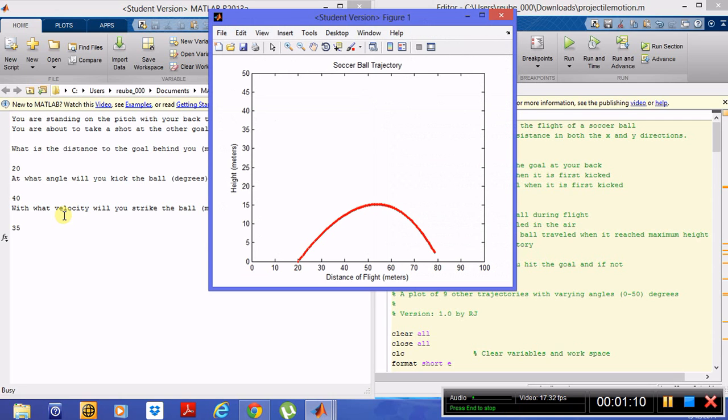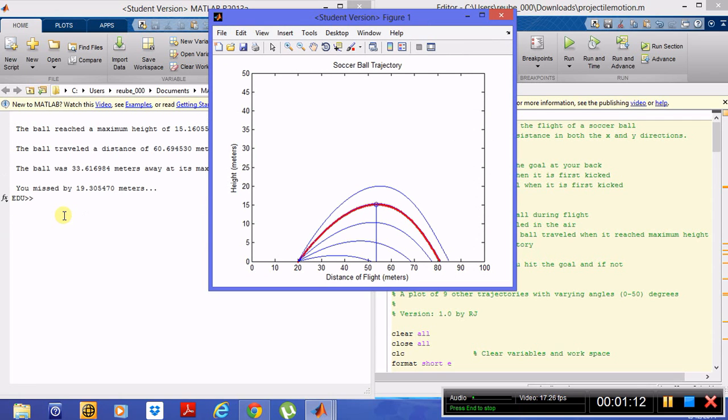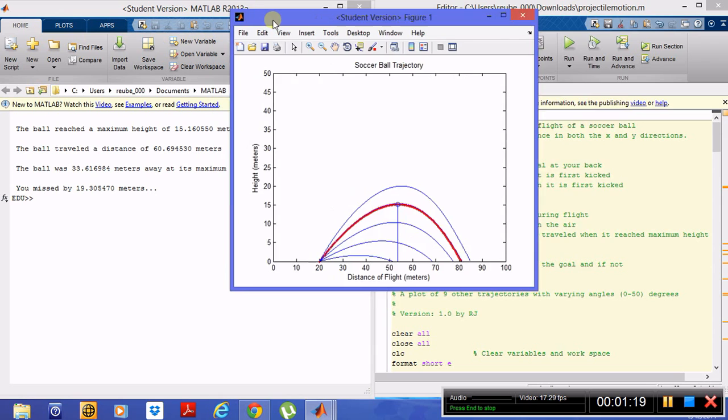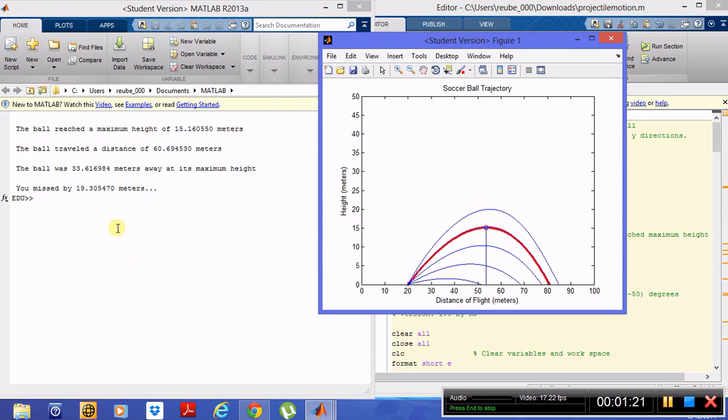Alright, that red trajectory is my shot. It fell way short. I was pretty far away. But over here I have some information on how my kick went. It gives me the maximum height, how far the ball traveled, how far away in the x direction the ball was at the maximum height, and how far I missed by, most importantly.